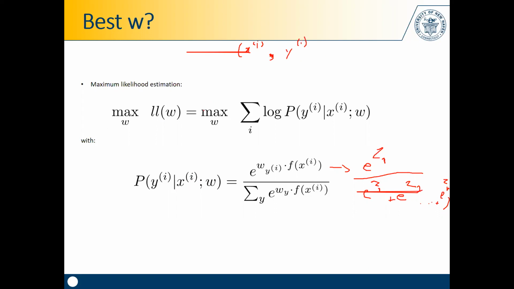In here, this maximization process is essentially telling us we want to maximize the probability of the correct class for sample X super I, right?